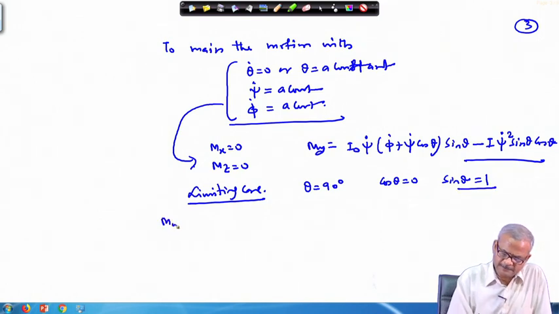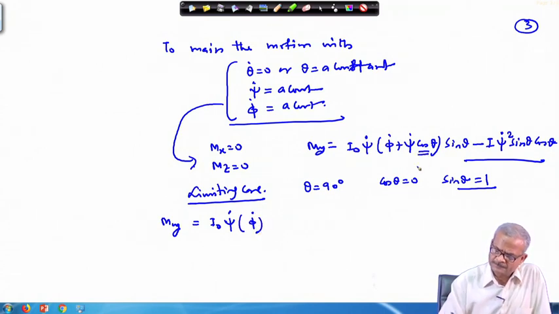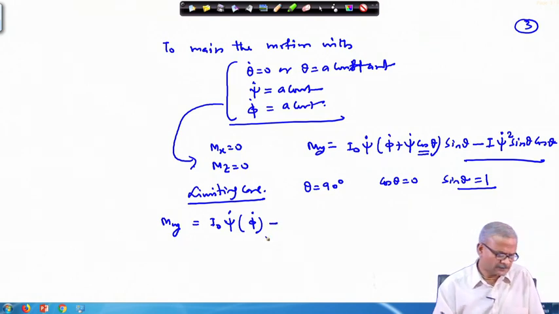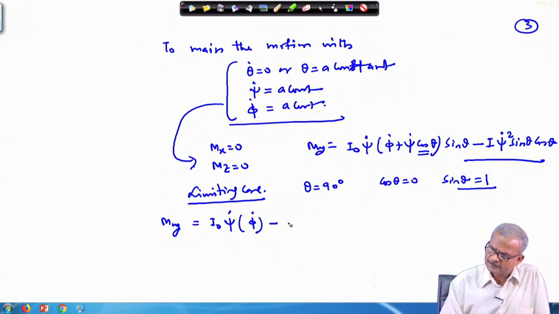So, we get M y equal to I0 times psi dot times phi dot, this part will be 0, sin theta becomes equal to 1. On the other part we have I times psi dot square sin theta, but cos theta becomes 0, so the other part is also 0. So, what we get is I0 psi dot times phi dot.